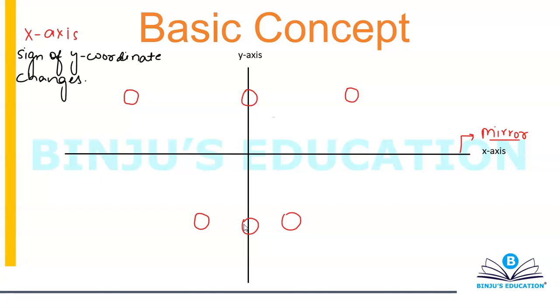So whenever you take reflection along x-axis, remember that the sign of y coordinate changes. This is what you need to understand. You just have to remember this one statement, that's it. Because it's an objective exam, you need to find your answer and move ahead, nothing else is required.